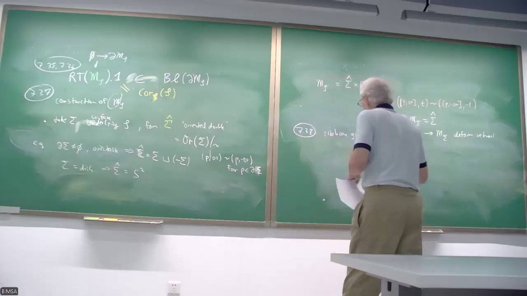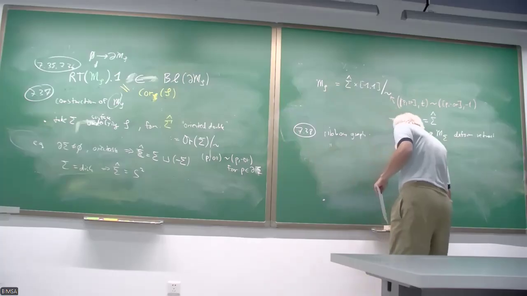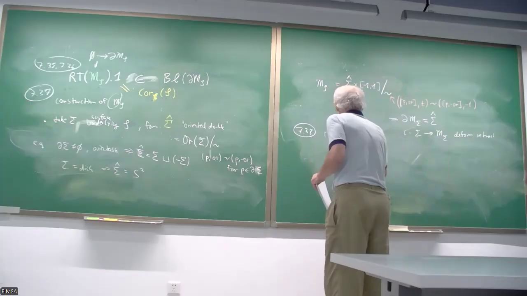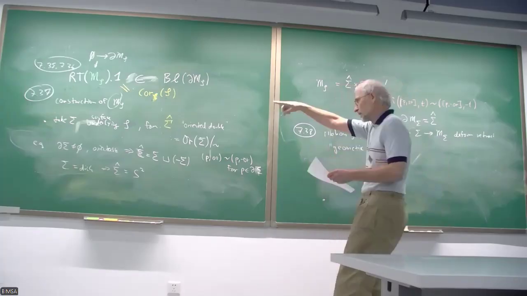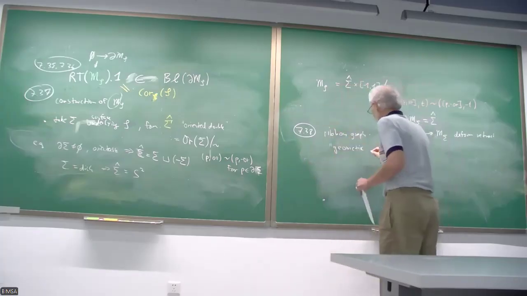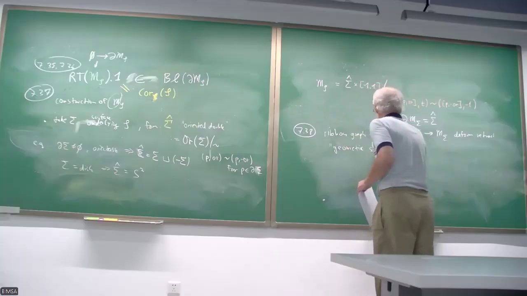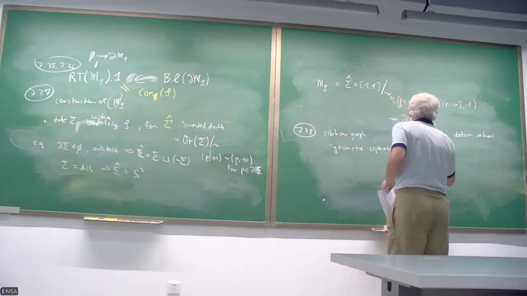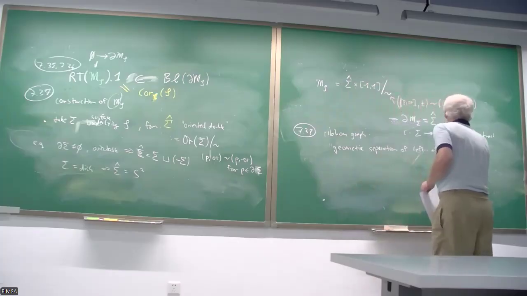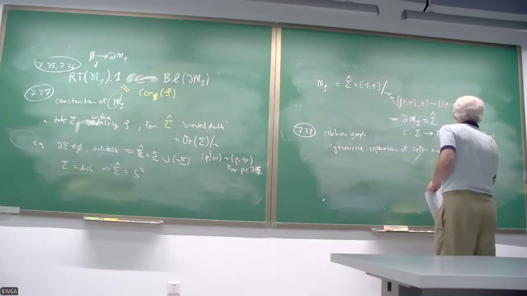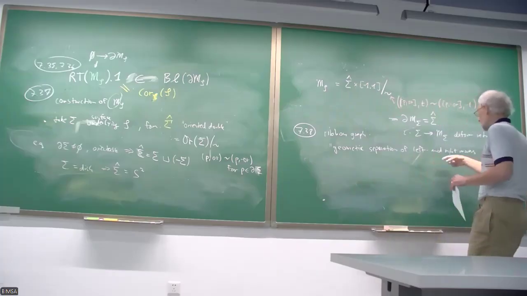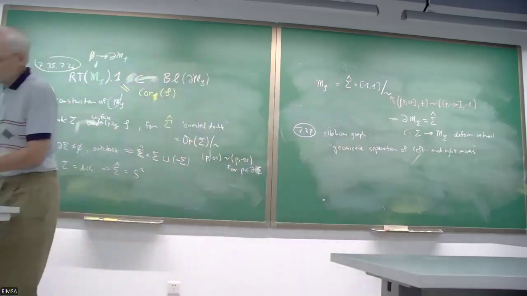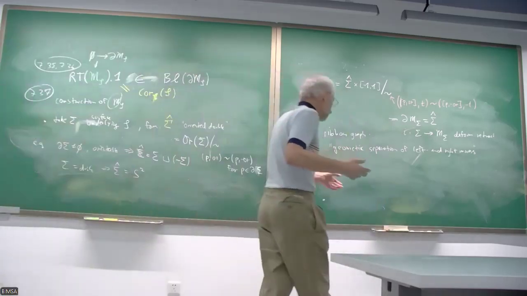The basic idea is that the ribbon graph and the three manifold amount to what I call a geometric separation of left and right movers, which are the constituents of a bulk field, say.